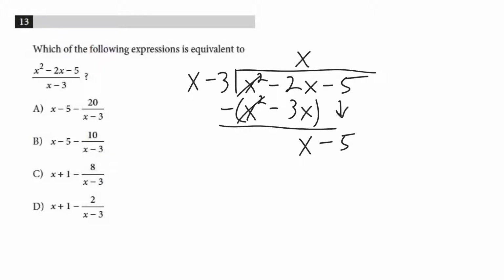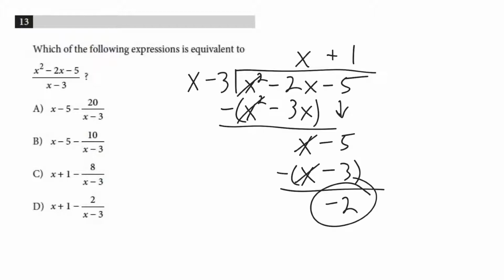And then, well, what do I have to multiply x by to get to x? Well, that's just a positive 1. Multiply back through, I'll get x minus 3 and subtract. My x's cancel out this time, and then I have negative 5 plus 3, so that's going to be negative 2. So that's my remainder.